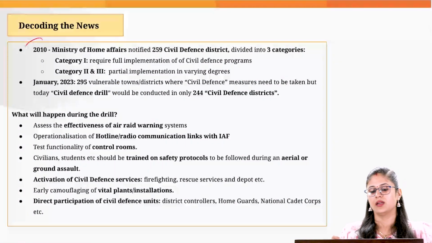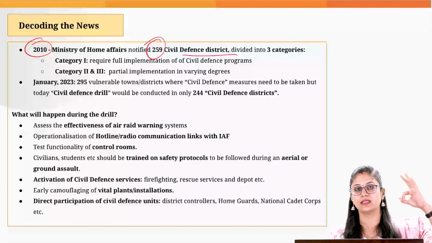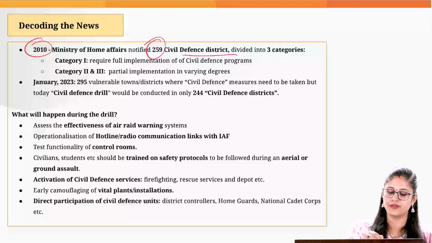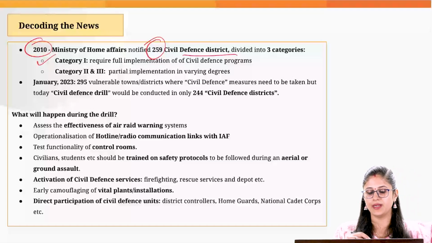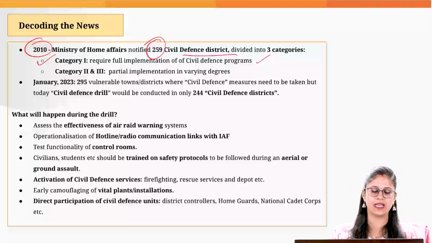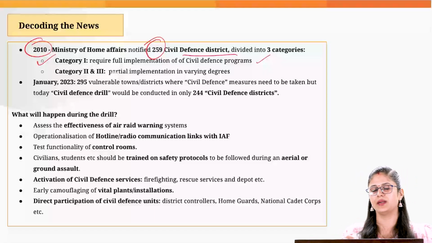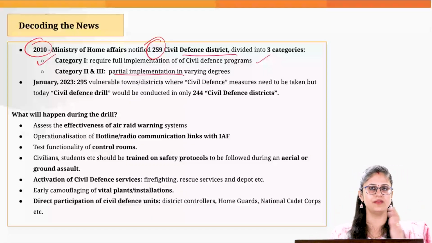In 2010, we had roughly 259 civil defense districts, categorized in three categories. The first category requires full implementation of the civil defense program, and in the second and third categories, we had partial implementation of this program in various degrees.